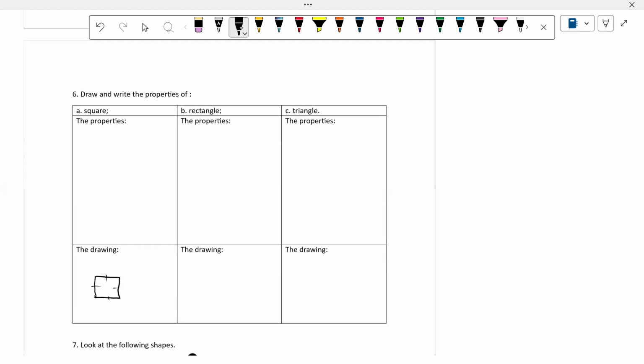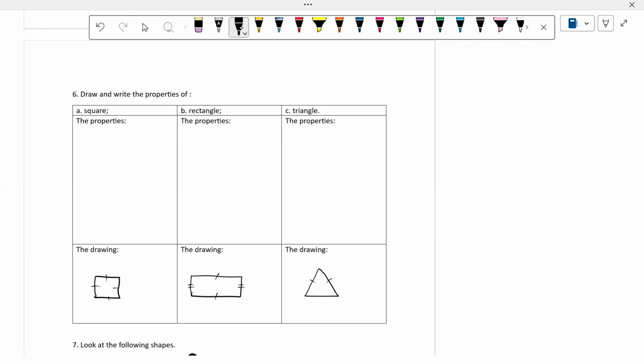It's like this: the lengths of top and bottom are the same, and the length of the left is equal to the length of the right. And the last one, the triangle. There are so many kinds of triangles, so you can draw one of them. I will take the isosceles triangle.